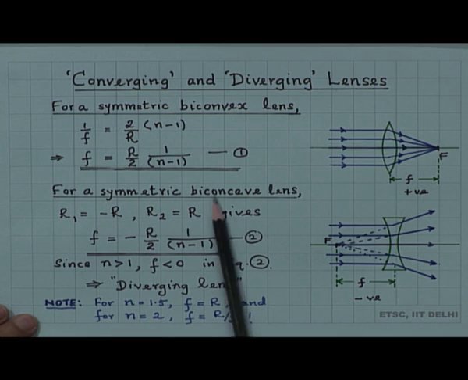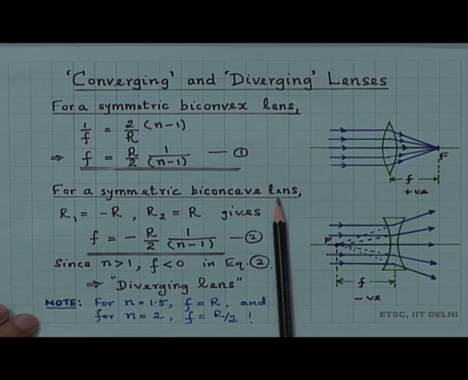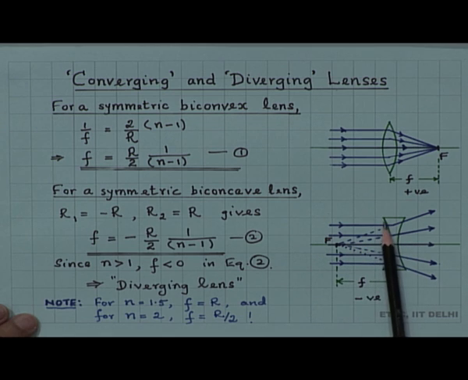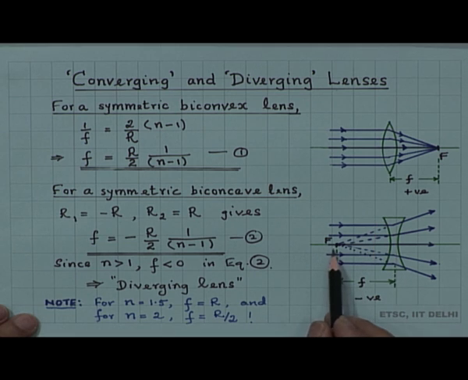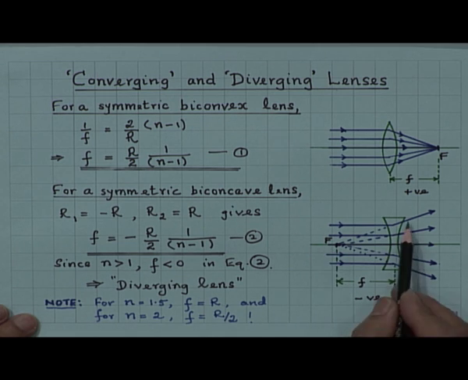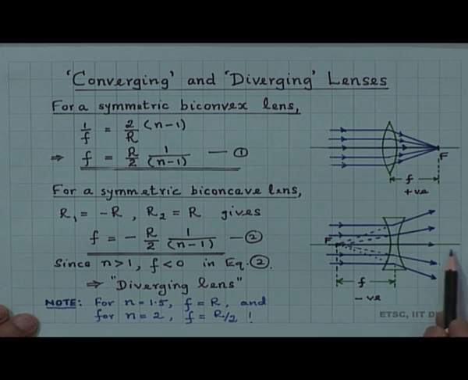For a symmetric biconcave lens, here is a biconcave lens. We can see that this is R1, the first surface, and the second surface is R2. R1 has its center of curvature on this side, therefore the radius of curvature is negative. R2 has its center of curvature on the other side, and therefore has a positive radius of curvature.